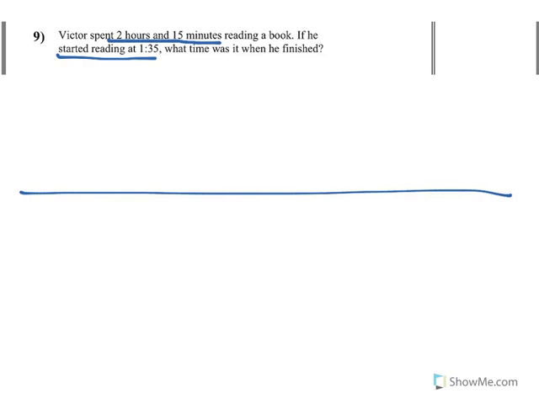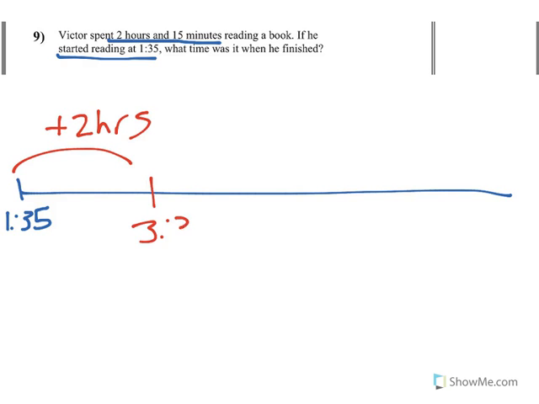So I would start my number line at 1:35, and then I'm going to need to add 2 hours and 15 minutes. So I'm going to start by adding 2 hours. 2 hours would put me at 3:35. Then I'm going to need to add 15 minutes.